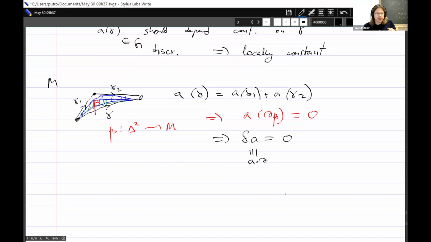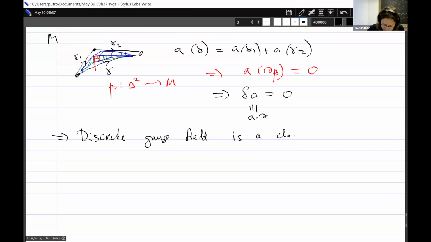So this way, now we have an understanding of discrete gauge fields: a gauge field is closed, meaning that its coboundary is 0, a one-cocycle on M with coefficients in G, our gauge group.